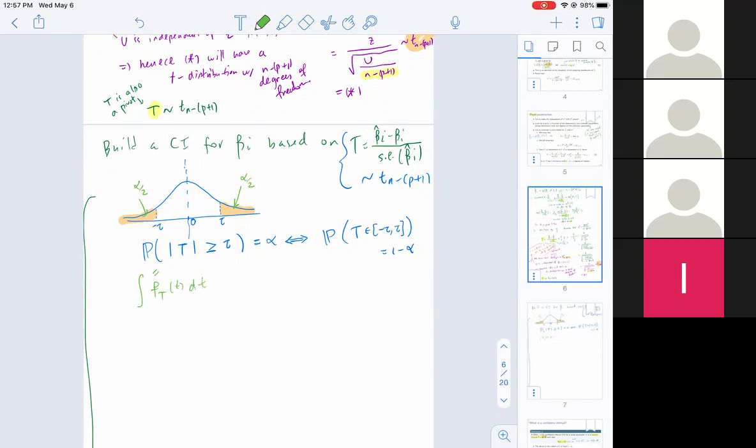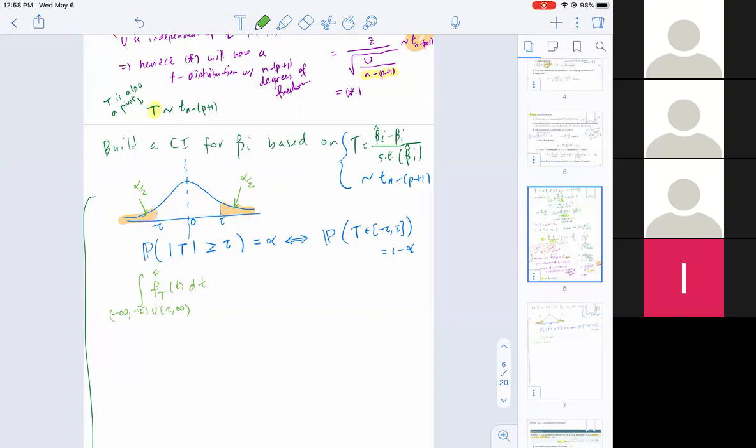over the intervals negative infinity to negative tau, and tau to infinity. If I integrate the density over these two intervals, that gives me that probability.